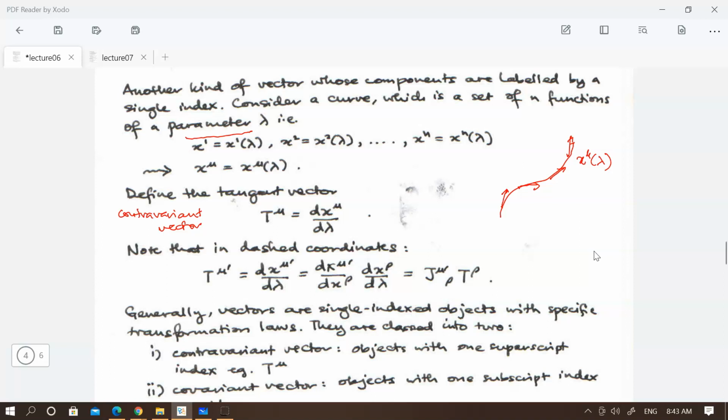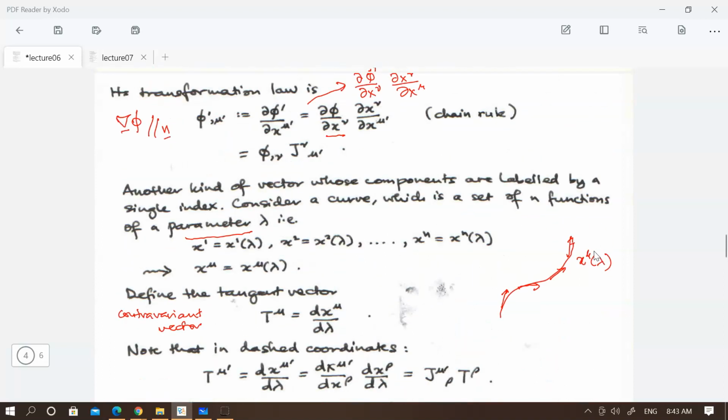We contrast this with the scalar, which is differentiated with respect to the coordinates. That's a covariant vector. Here, the coordinates are differentiated with respect to a scalar, the parameter. That gives you a contravariant vector.